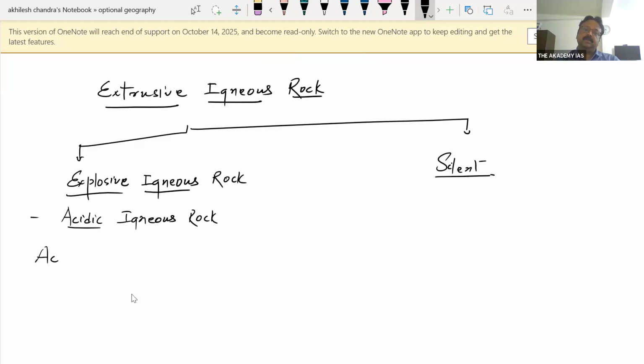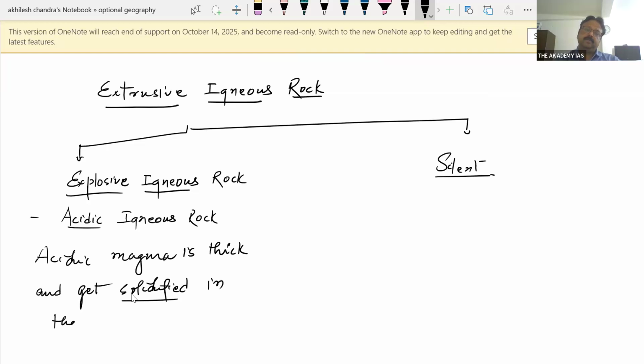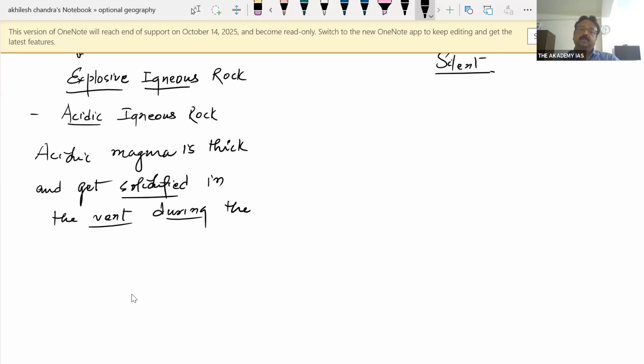Because the acidic magma is thick, and gets solidified in the vent during the time interval between two successive volcanic eruptions.